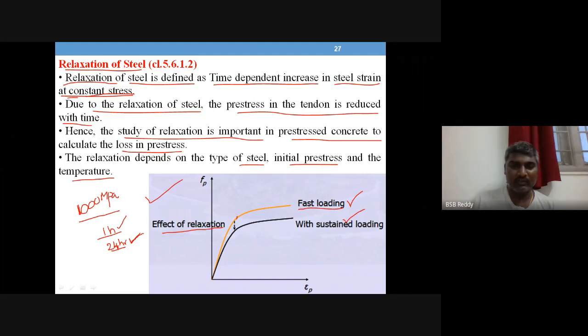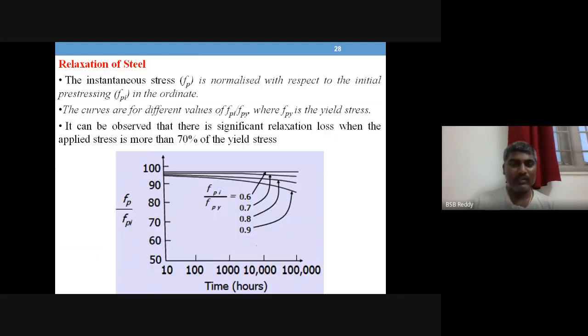Fast loading will have a high effect of relaxation, whereas slow loading will have a low impact on relaxation. So the pre-stress shall be induced very slowly.